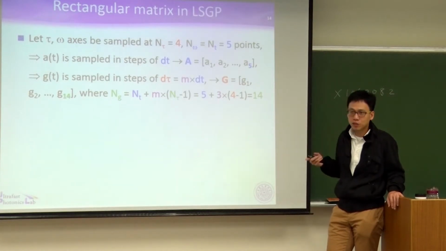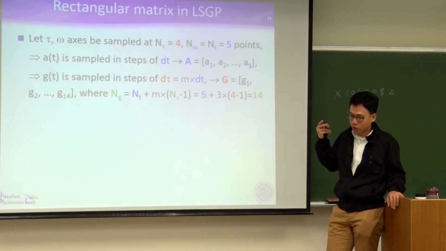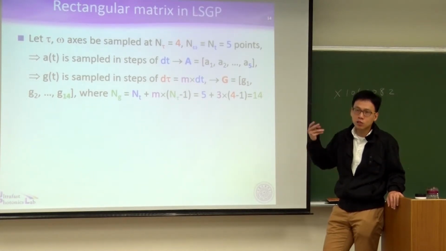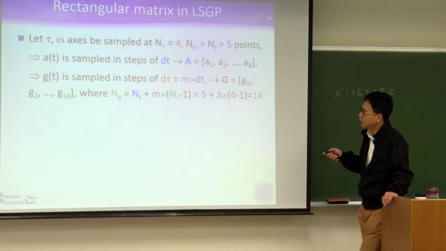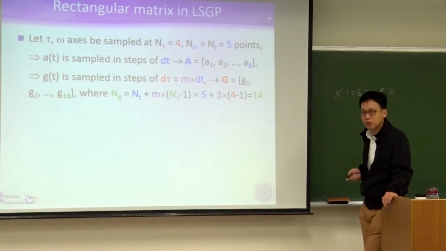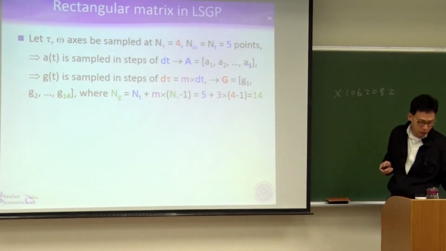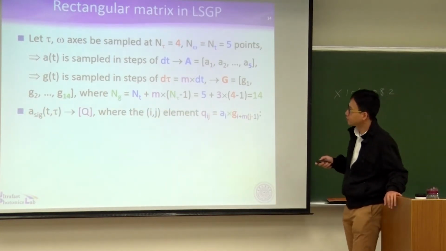So for example, if you have, say, 200 data samplings along the omega or t axis, you just need 66 samplings along the tau axis. Okay, so you have some degree of freedom to modify the step size along the tau axis. And the calculation shows you need 14 samplings along the time axis for the gate pulse.